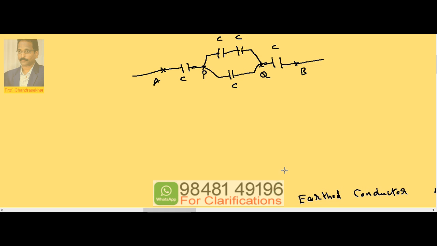C and C in series, two equal capacitors connected in series, so the equivalent is C by 2.